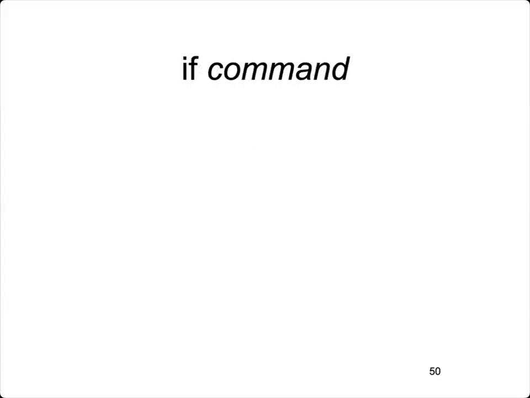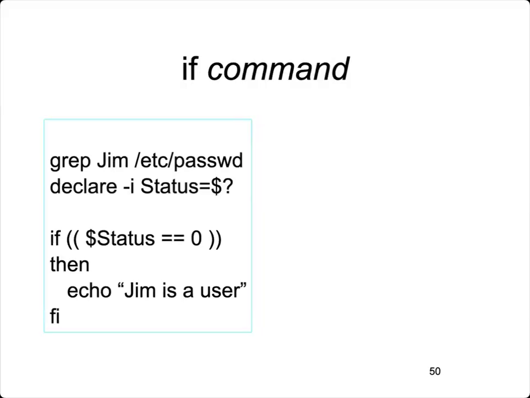And the if command. So here we go. We're going to declare the status, right? Because I told you we need to capture the status immediately after the command, right? And then we're going to test the status in an if statement. This is pretty ugly.